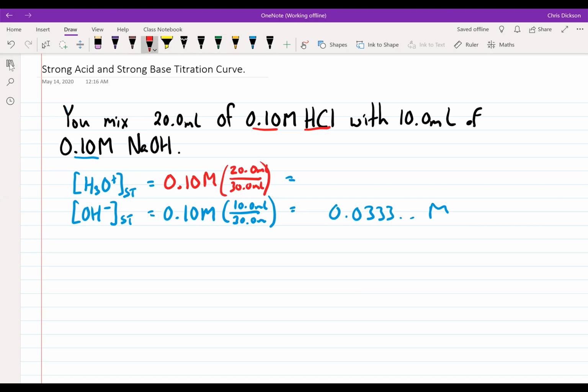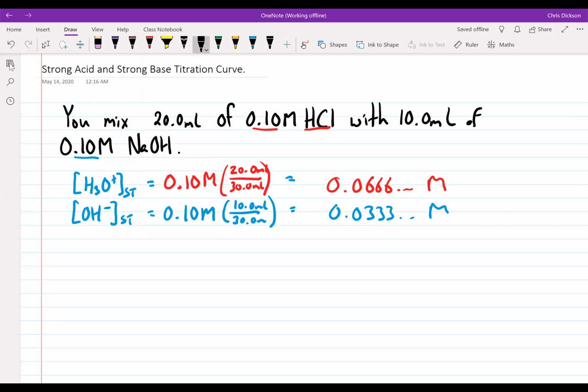And the hydronium is similar, 0.1 times 2 divided by 3, so this is 0.0666, and that repeats, 2 molar. Obviously there's more hydronium here, so the overall solution should be acidic. But what I'm trying to get you to think about is, do you think it's much different from what it started with, or is it pretty close?